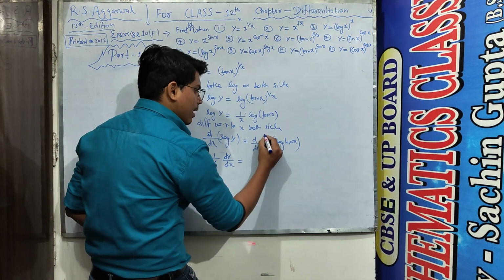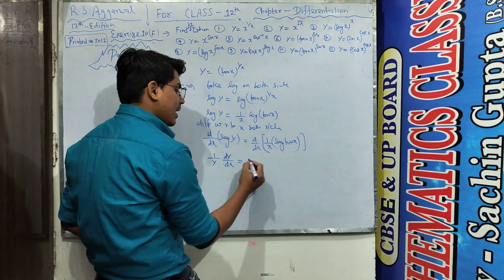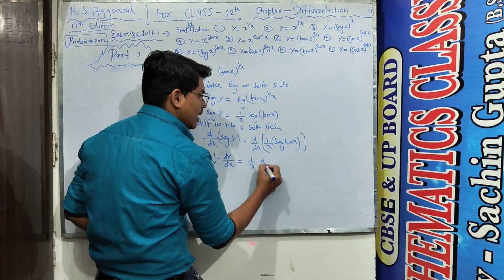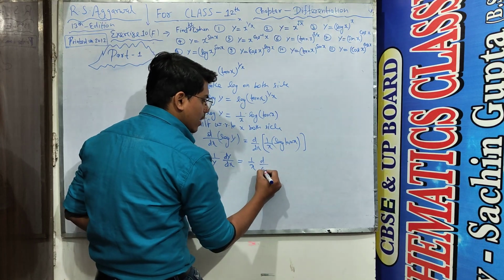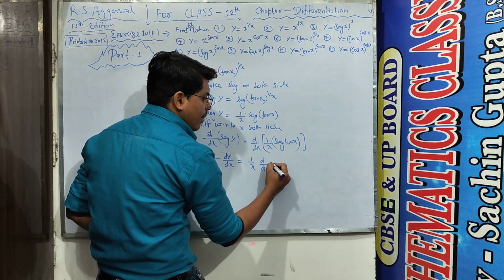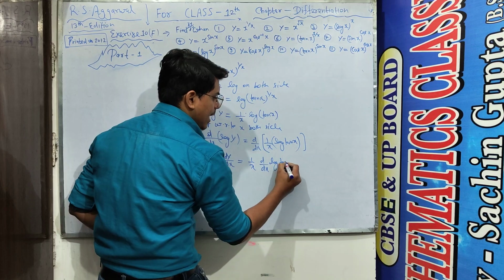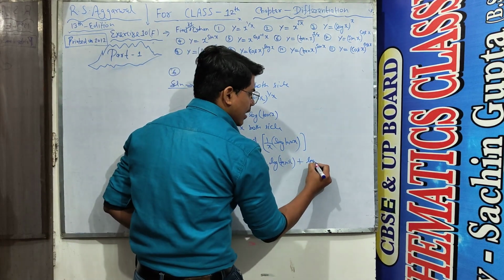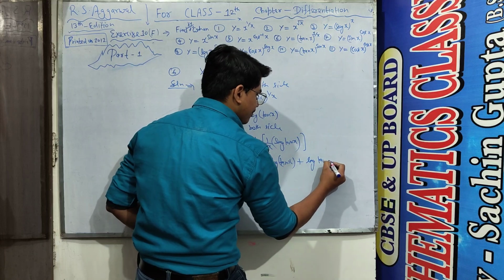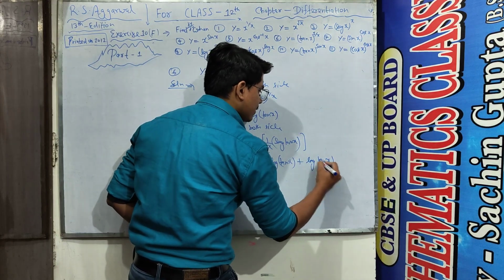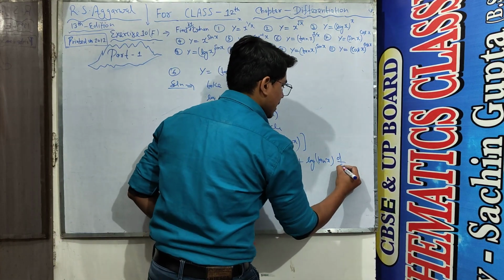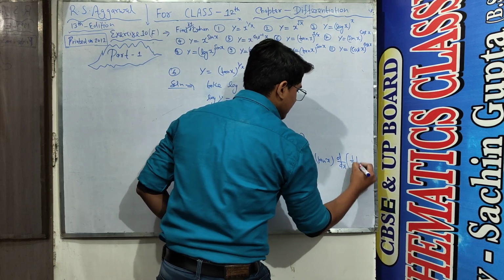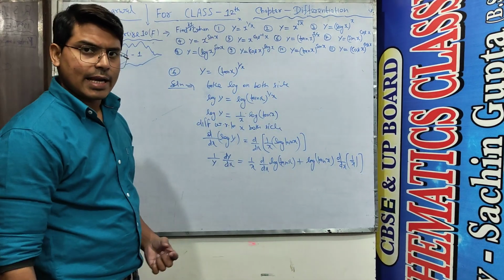Here we apply the first-second rule. This 1 by x is our first, and log of tan x is second. Then we write here d by dx of log tan x, and plus, one time I write log tan x as well as differentiate 1 by x.